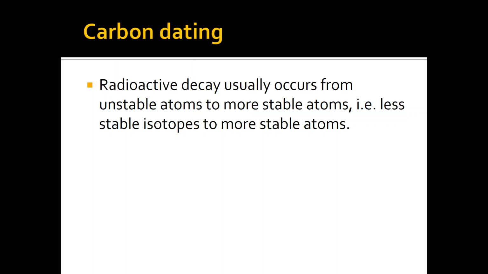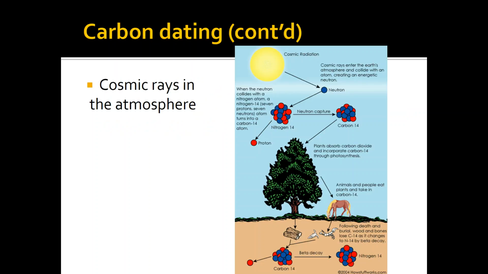So it relies on this idea that there are isotopes that are less stable than more stable isotopes. And so, okay, let's take a look at it, see what's happening. So first thing we need to understand is that there are these things called cosmic rays that enter our atmosphere. And our atmosphere is made up of what? Mostly? Nitrogen. Nitrogen is the most abundant molecule or even atom in our atmosphere.